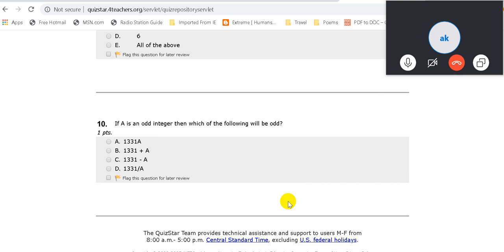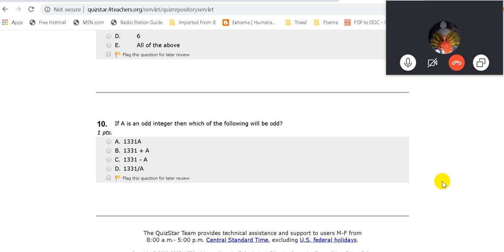Can you see the screen now? No, sir. Now we can see. Yes, we can see now.